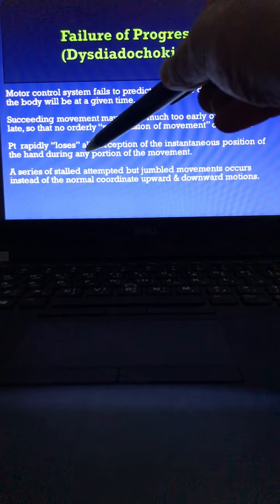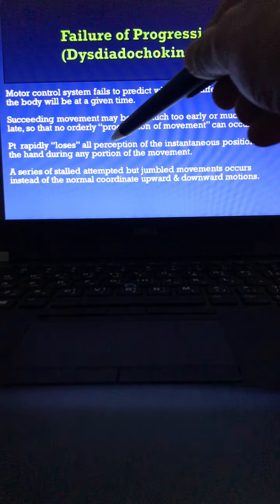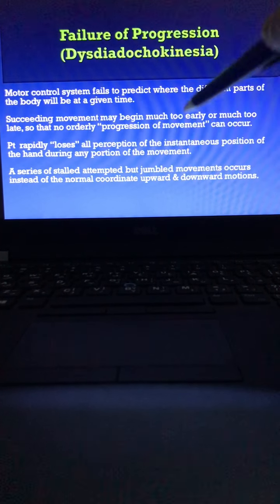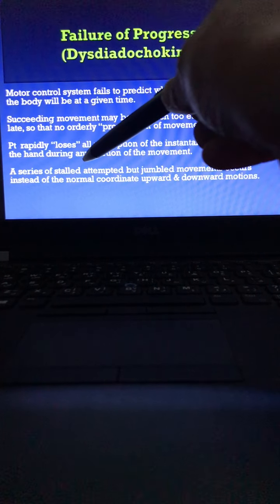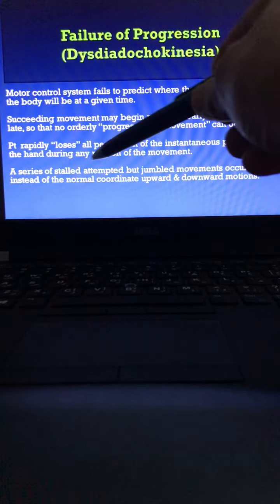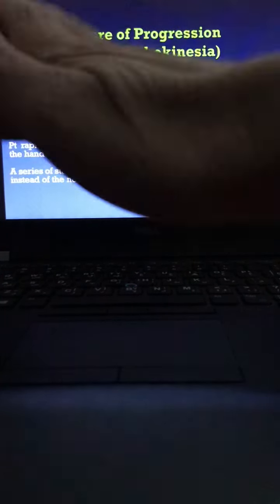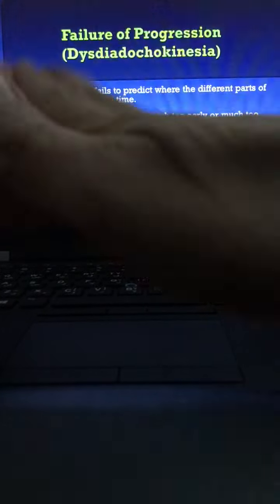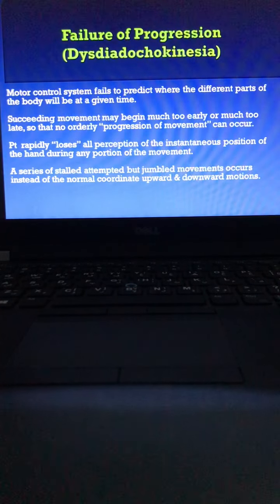The patient rapidly loses all perception of the instantaneous position of the hand during any portion of the movement. A series of stalled, attempted but jumbled movements occurs instead of the normal coordinated movement, just like this. The patient may perform it in a confused or irregular way.